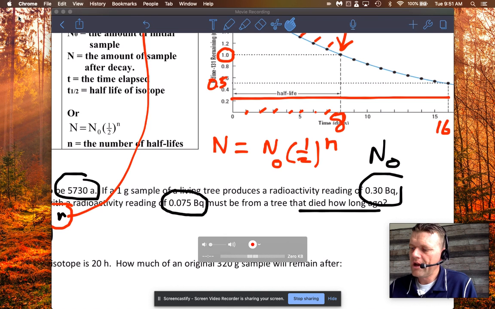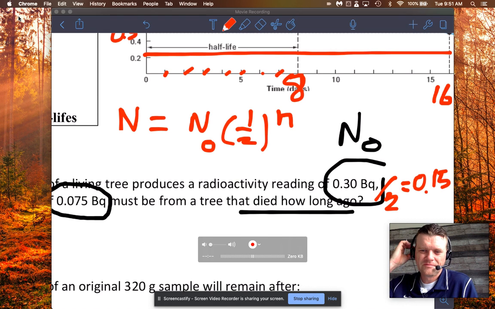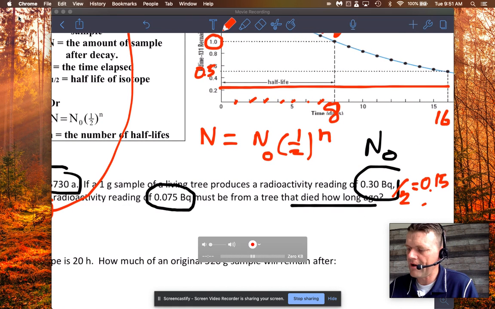When I do that, I get 0.15. Well, I have less than that. I've got 0.075 BQ. That's what I have left. So let's divide that in half again.